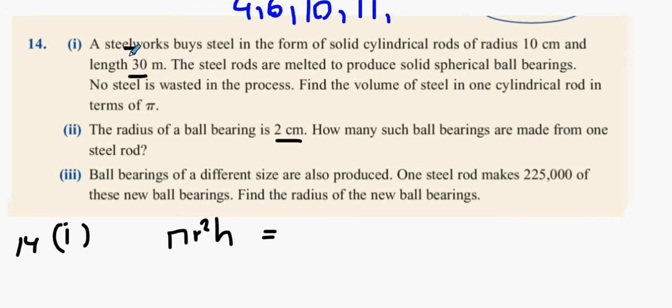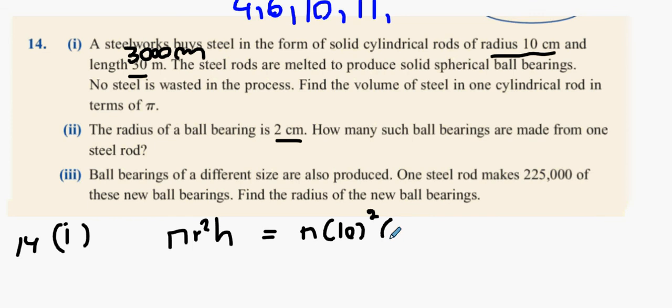30 meters into 3,000 centimeters. Multiply it by 100. So, pi times radius squared, what's the radius? 10. Yep.